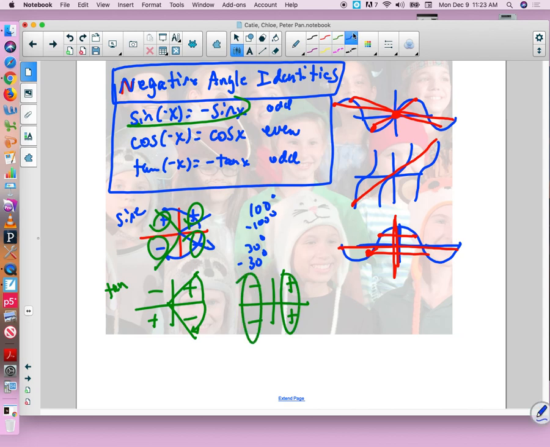Look at the graph, girls. Look at the graph. In yellow. On cosine, does it matter if I go this way to get my value or this way to get my value? Doesn't matter. So in the future, if someone asks you for the cosine of negative 120 and you don't feel like doing it, you could just find what? The cosine of 120. Okay?